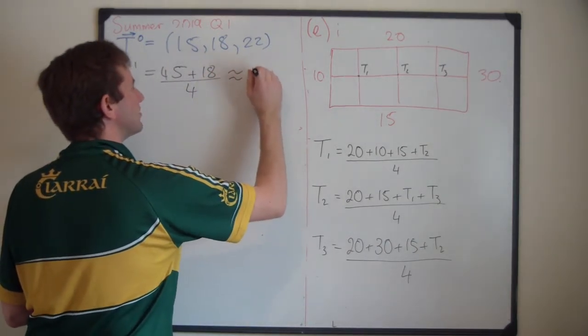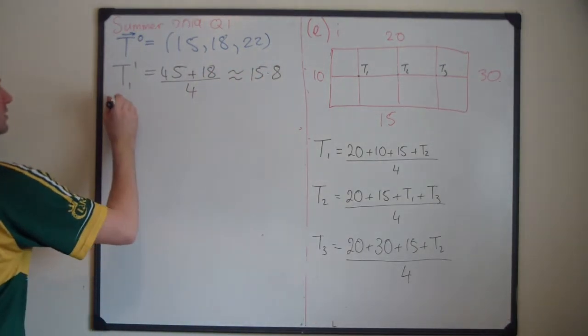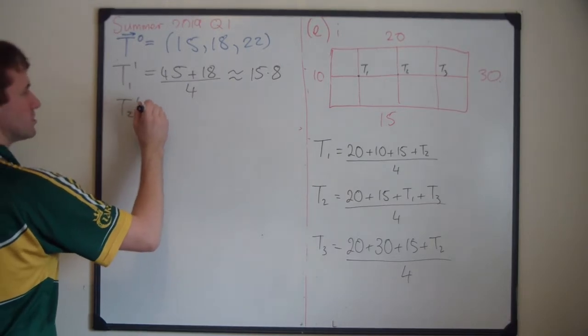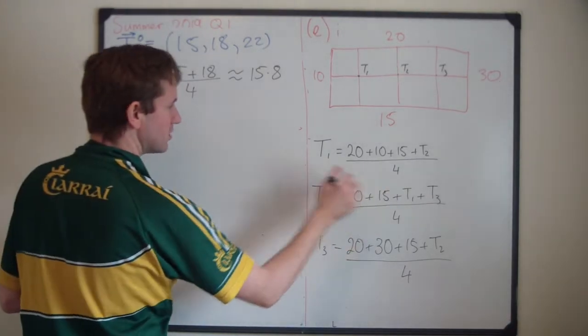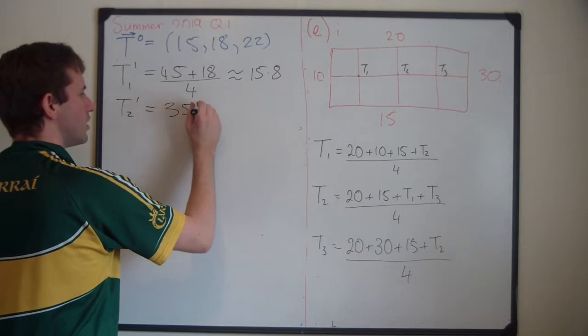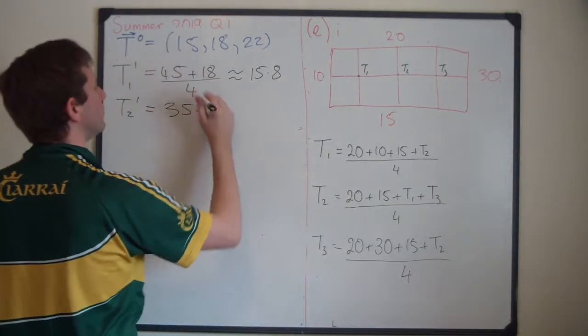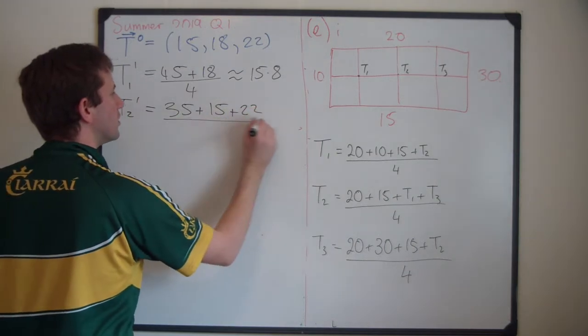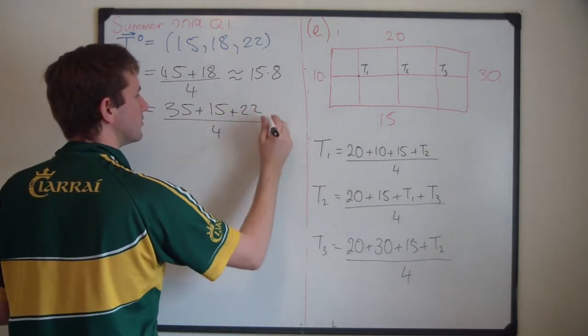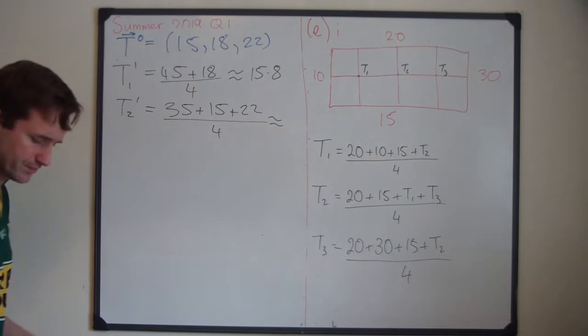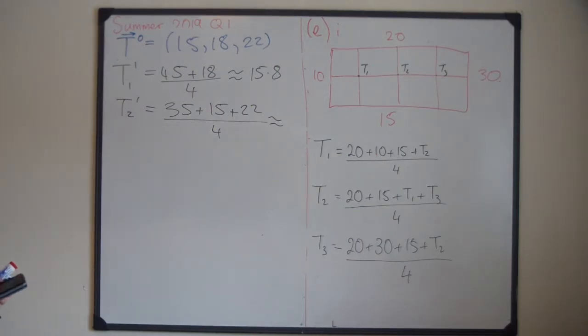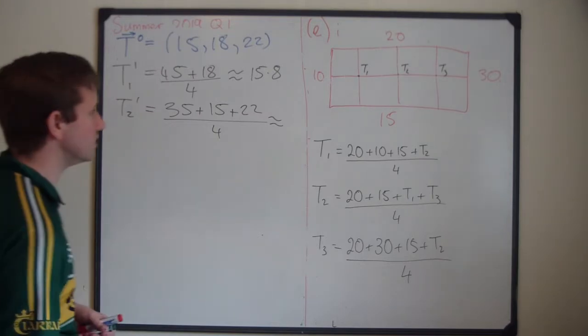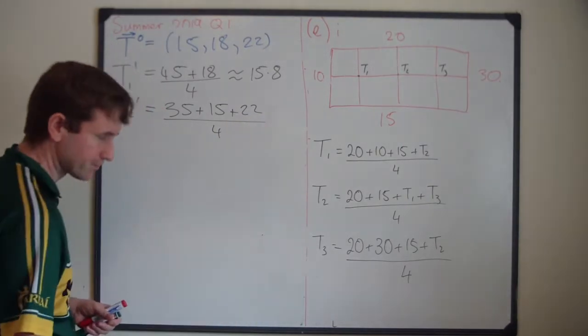If you take more significant figures, obviously that's okay. Second temperature, first iteration, these numbers add up to 35. Previous T1 is 15, previous T3 is 22, all divided by 4, 3 significant figures. I get 18, so no need for the approximation.